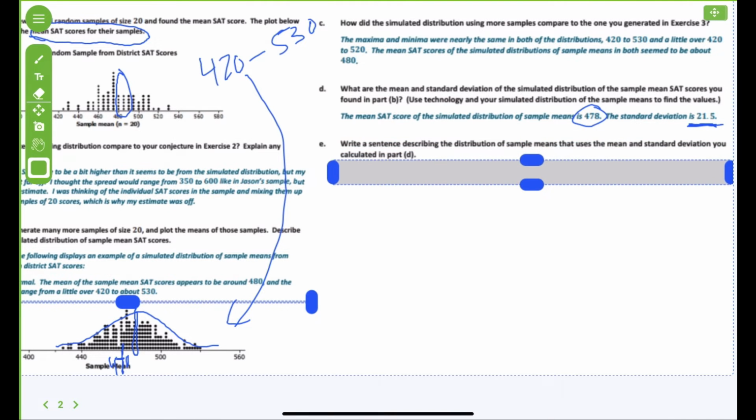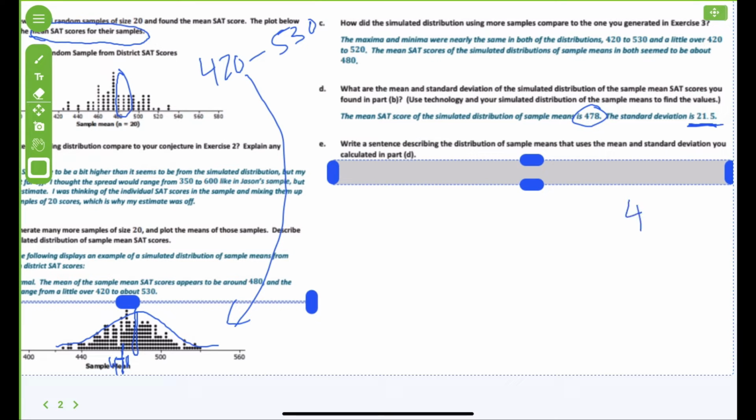Now, write a sentence that describes the distribution of a sample mean that uses the mean and the standard deviation you calculated in Part D. Well, what we could say is, since we know that the standard deviation is 21.5, and we know that the mean is 478, we know that 95% of our values should fall within two standard deviations.